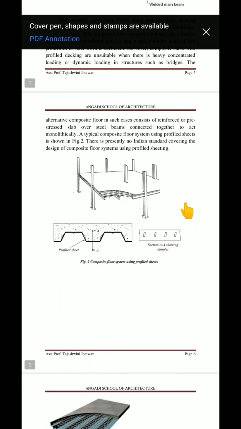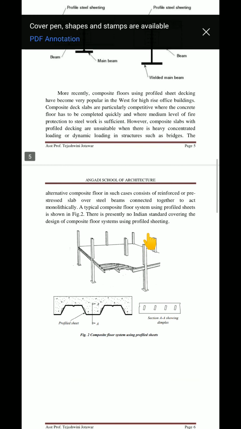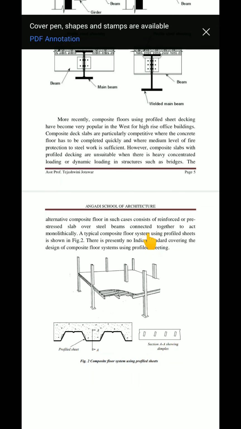This is a typical diagram showing a profiled sheet decking arrangement. So you can see there are girders, these are the columns, these are the girders, and above the girder there is a profile sheet. You can see the zigzag layer here, and that profiled sheet is poured with concrete material.